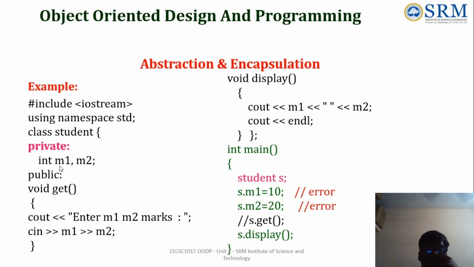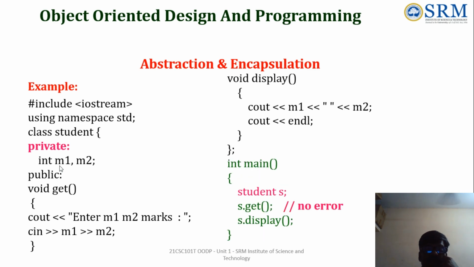In the next example, I slightly modified the code. Instead of initializing the value in the main method, I'm getting the value by using the get method. M1 and M2 are declared as private, and those values are read from the terminal by the get function and displayed using the display function.